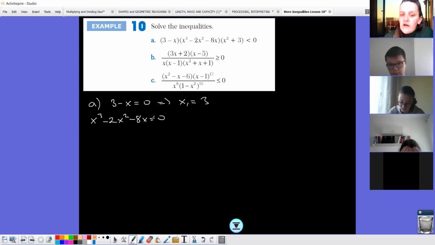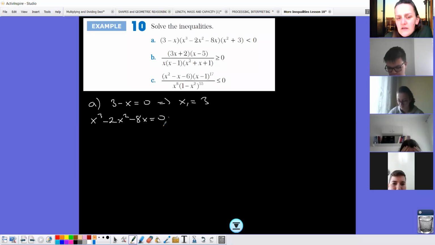Here, how did you find the roots, Alexander? It will be x times (x squared minus 2x minus 8). Yes, in all of them we have x as common. We are taking it in front of the parentheses.